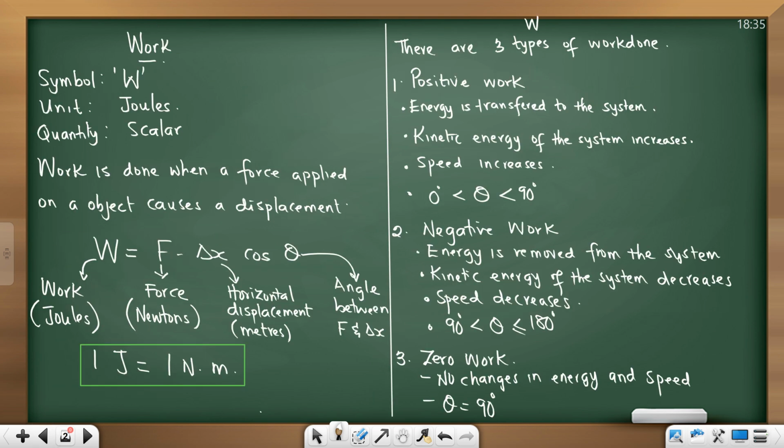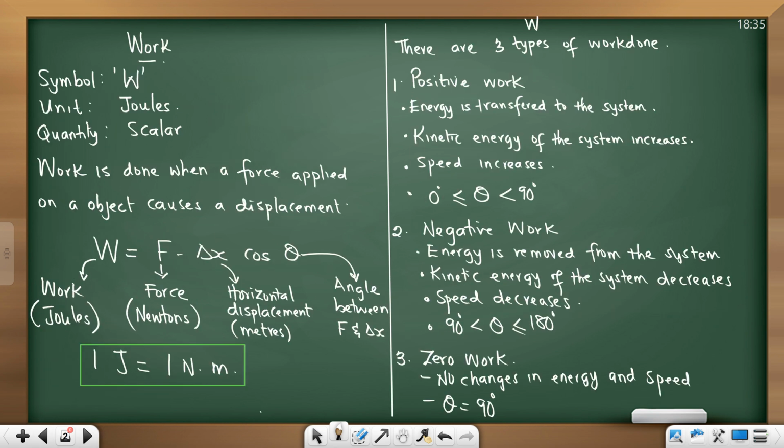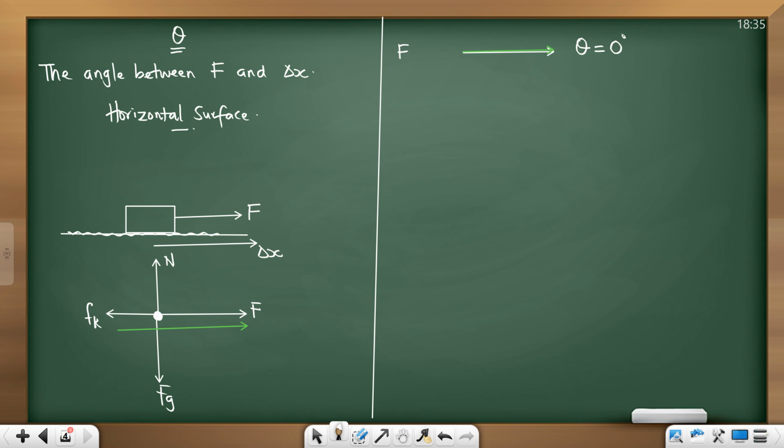Let's go back there and put inclusive of 0 there, because cos 0 is 1. So just put it there under positive work. But not inclusive of 90, remember? So what work is this? Positive work. Beautiful.